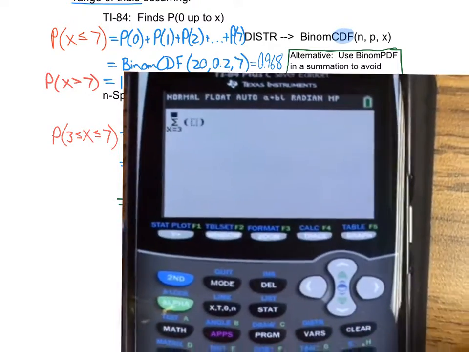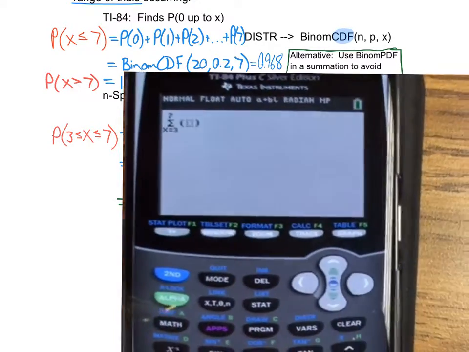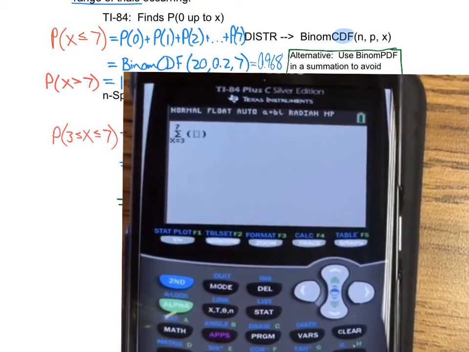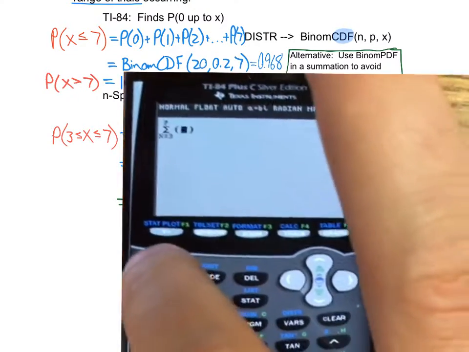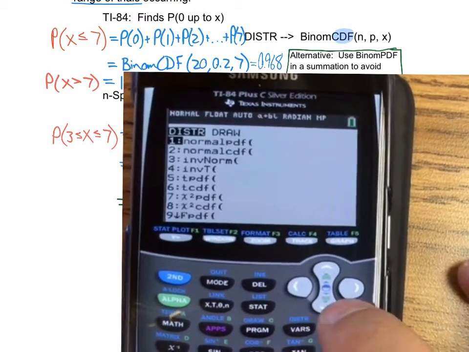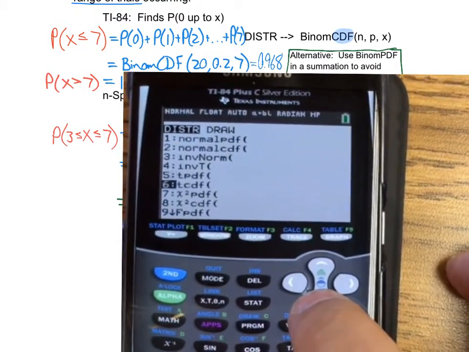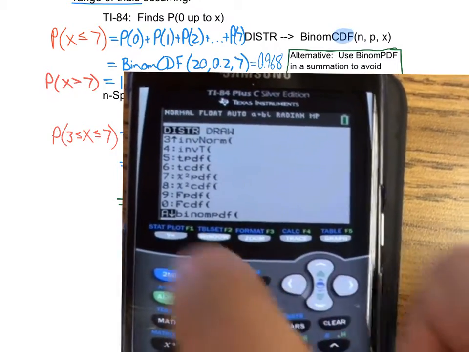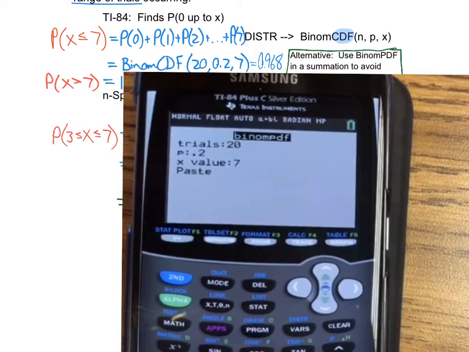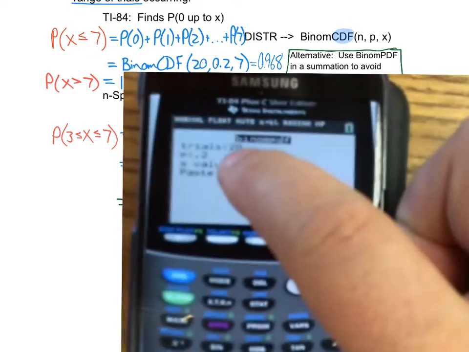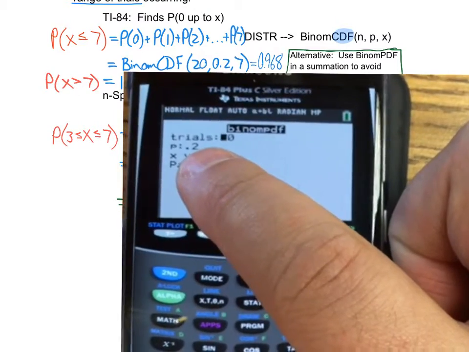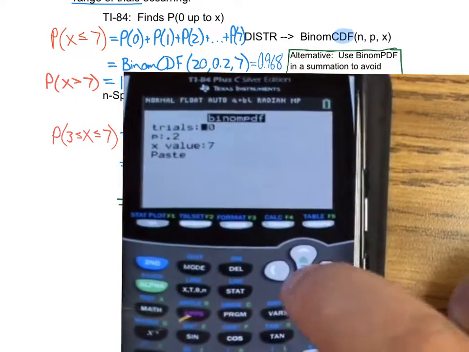And what am I adding? I'm adding the binomial PDF at each value. So I go to second variables, that's the distribution, and I'm scrolling down to PDF. Now, I have 20 trials. I have a 20% chance of finding someone who actually does get enough sleep.